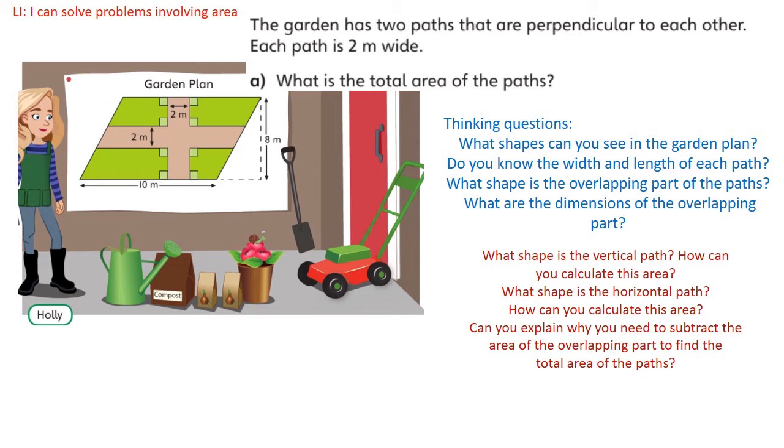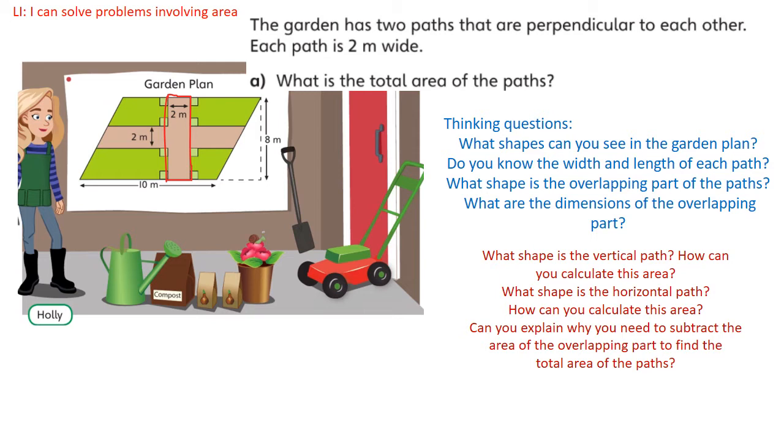Now, that looks quite complicated to start off, so let's break it down. First of all, what shapes are the path? We can see a rectangle there. So how big is our rectangle?